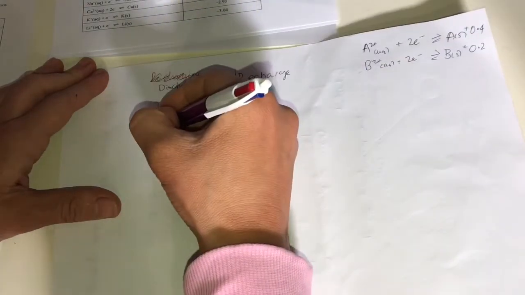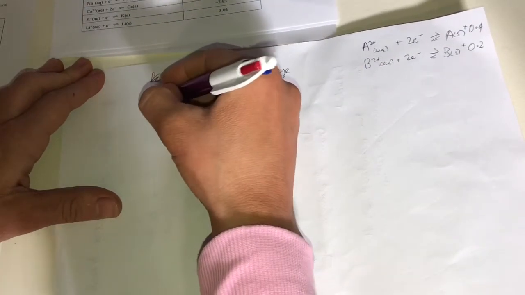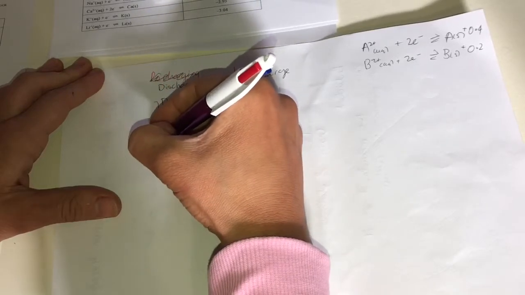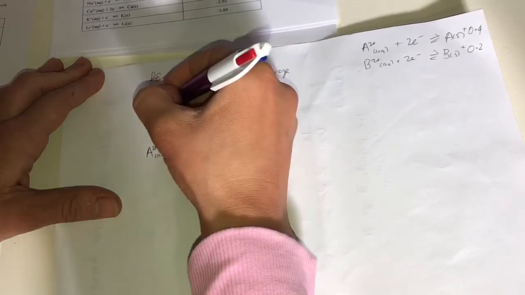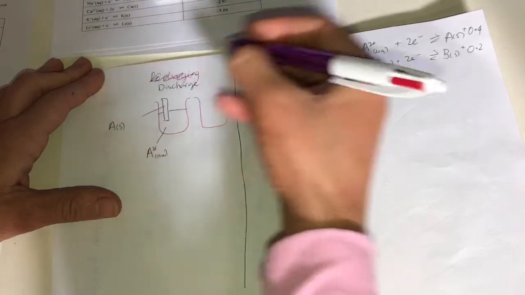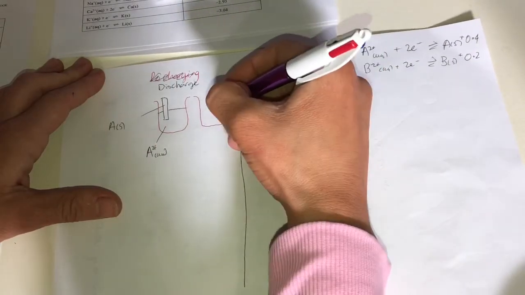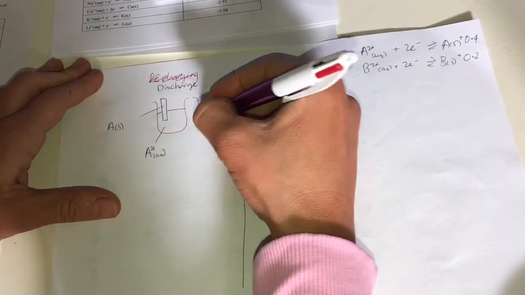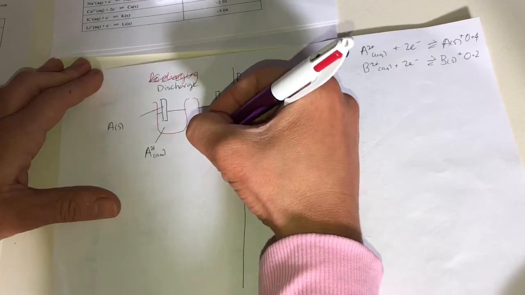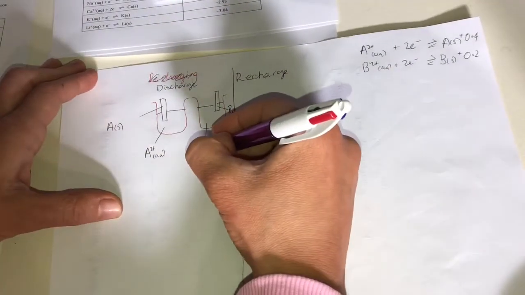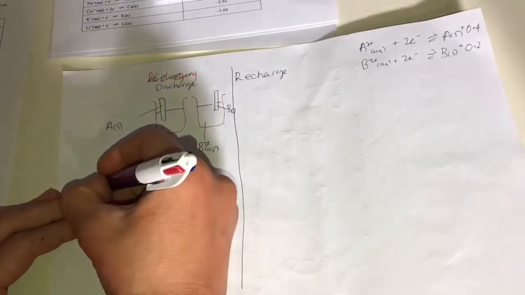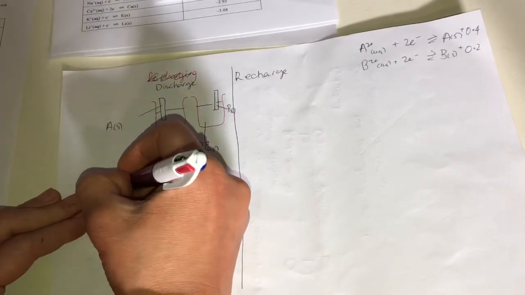So we've got in solution A2 plus and as our metal, A solid. And on this side we have B solid and B2 plus. Okay, so during discharge we are getting electrical energy.